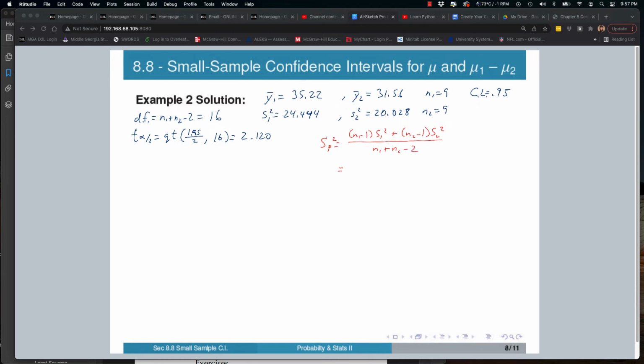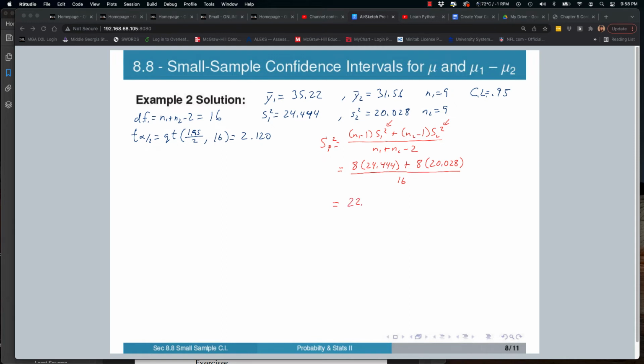That equals 8 times the variance of 24.444, plus 8 times s sub 2 squared, 20.028. You got to really watch these problems on whether you have the variance or the standard deviation, because this formula takes in the variance, not the standard deviation. So if you're given the standard deviations, make sure you square them. That's divided by 16.